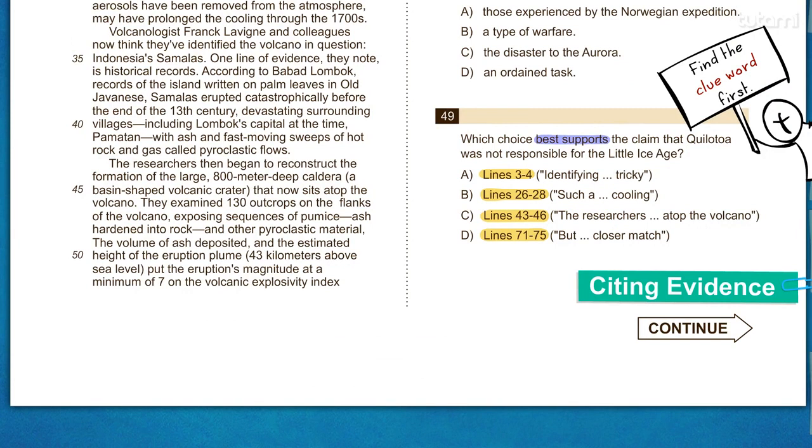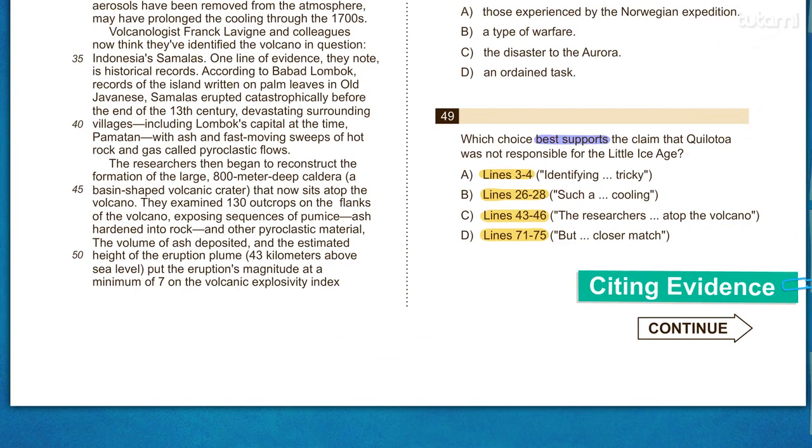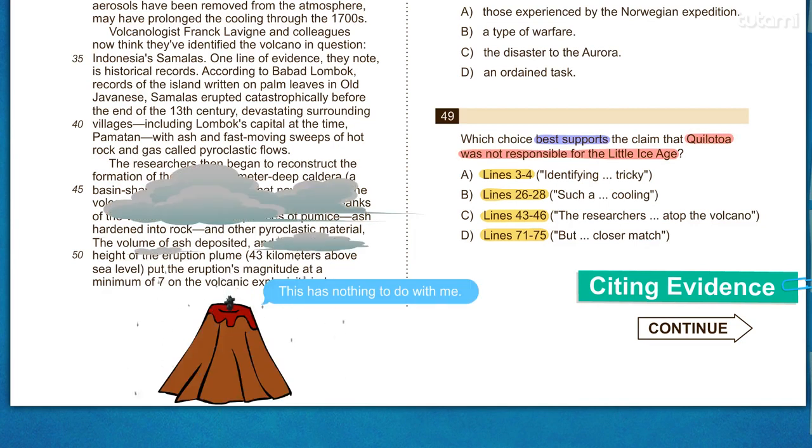In this question, who can tell me what the clue word is? Kilotoa. Well, right and wrong at the same time, okay? Generally, Kilotoa, I don't even know if I'm pronouncing it right, will give us a closer idea as to where to look, but we also need to focus on the bigger picture in the question here, which is the concept that Kilotoa was not responsible for the Little Ice Age.